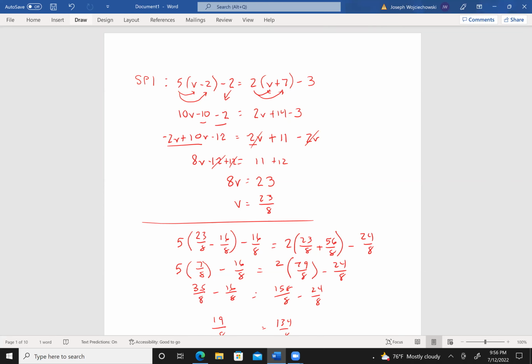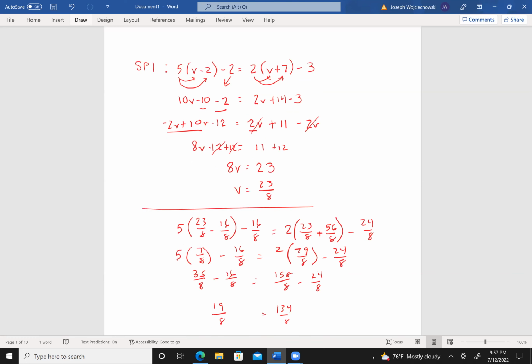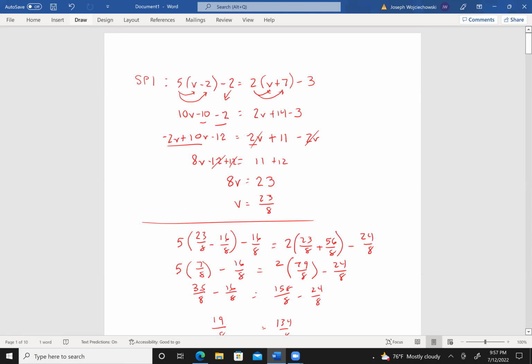We get 23 over 8. 23 over 8 minus 2, 2 times 23 over 8 plus 56 over 8 minus 24. Well, I don't know. Not a good way to start.